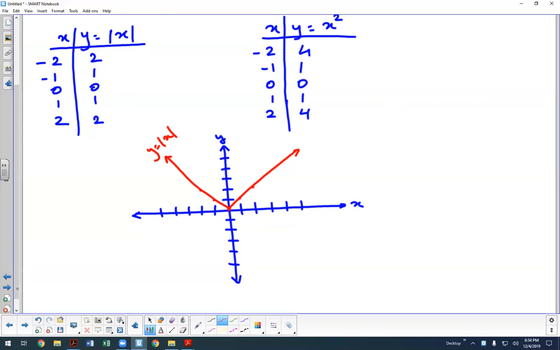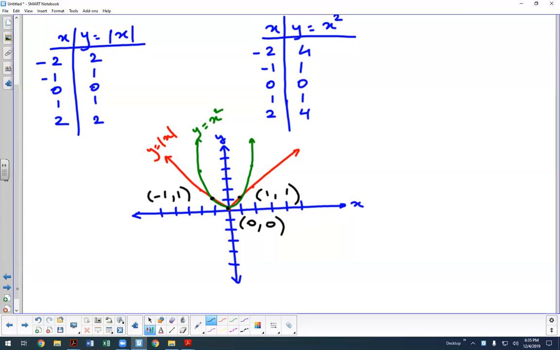So your absolute value function, and then our x squared. Something like that. So where are those 3 points, Trey? Negative 1, 1, 0, 0, and 1, 1. Very good.